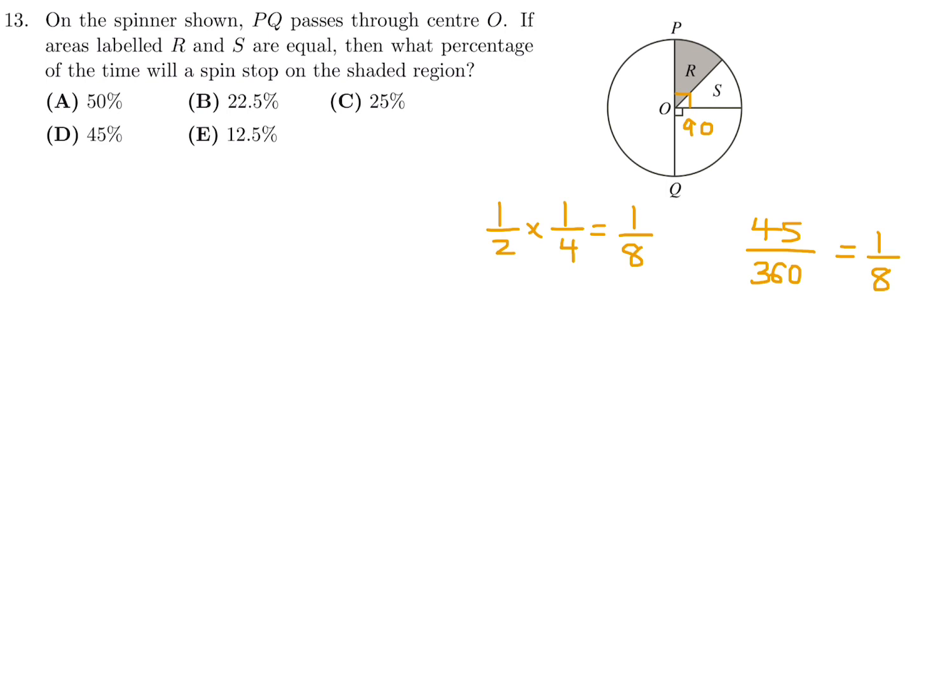Either way, it gives you 1 over 8. And 1 over 8 as a percentage is 12.5%, right? Because if you take 1 divided by 8 in your calculator, you'll get 0.125. And then, of course, you multiply by 100 to get the percentage. So 12.5 is the answer to number 13, which is choice E.